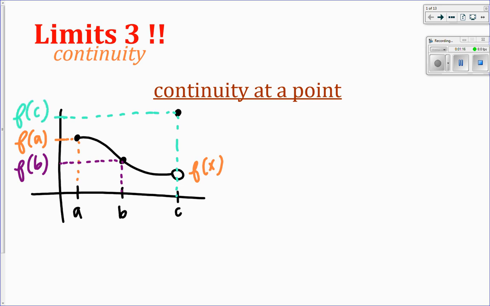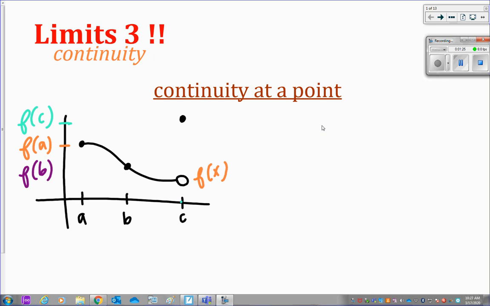So we've got this beautiful drawing. I'm actually going to delete these little dashed lines to make it a little cleaner. They were just to help us remember what f of A, f of B, f of C are, the y values. So let's talk about continuity at a point. I'm going to first give you the definition, and then we're going to see if we can identify which point this would be.